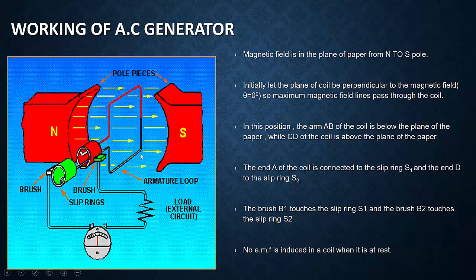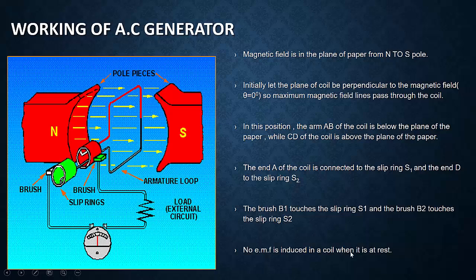This one is the end A and this one is the end B. The end A of the coil is connected to slip ring S1, and the end D is connected to slip ring S2. The brush B1 touches slip ring S1, and brush B2 touches slip ring S2.